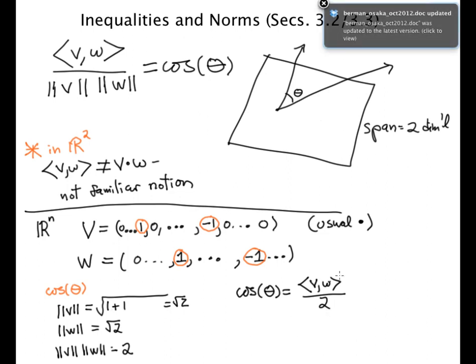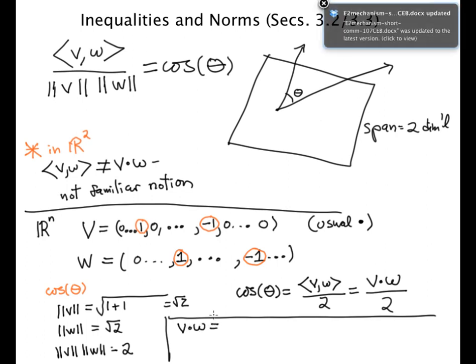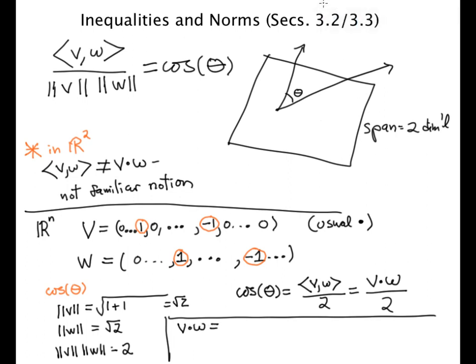And I'll write this as V dot W over 2. Well, what is the dot product of these two vectors? There's a couple of possibilities. If the 1's and -1's are in different places, V dot W could be equal to 0.